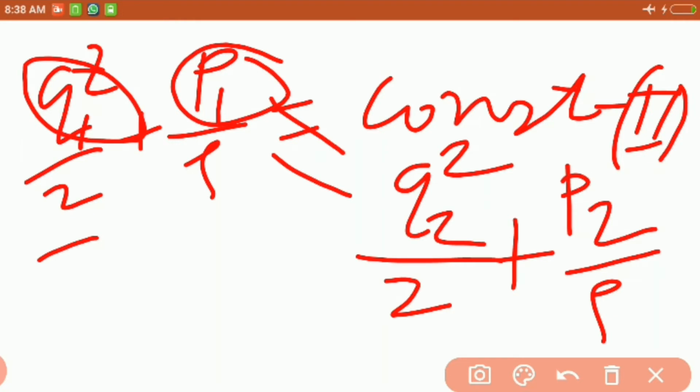So Q1 square by 2 plus P1 by rho is equal to Q2 square by 2 plus P2 by rho. Suppose this equation is third.